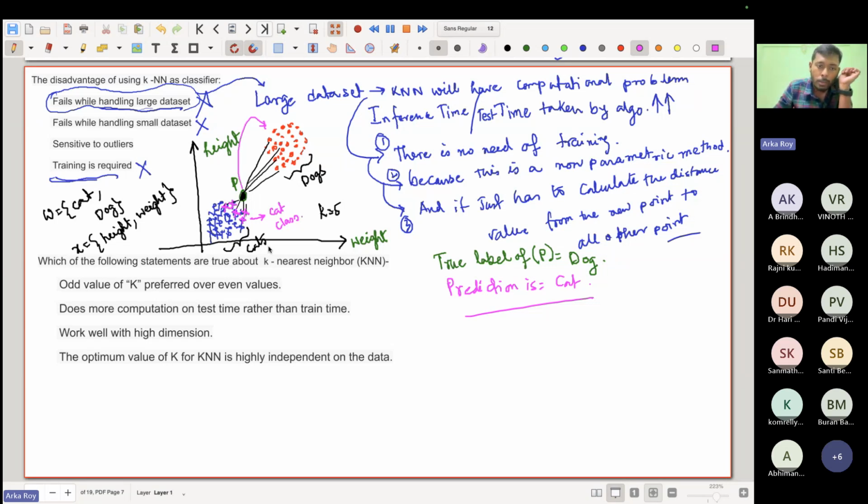Over here also you can see, even though this particular point belongs to the dog class, its properties such as height and weight are quite less than the general dog class. Therefore, even though this is a dog, the KNN classifier will be biased towards the cat class. So this is where you will get the misclassification. Over here you can see that you have done misclassification.